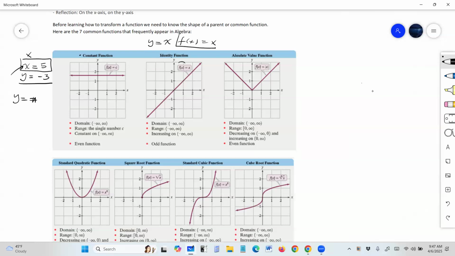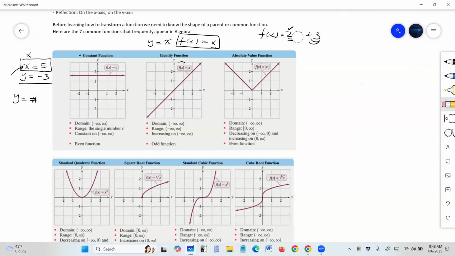So this is the basic function, no transformations attached. If we write f of x equals 2x plus 3, I have a transformation here. Okay, this is one transformation, and this is another, which we'll discuss later.